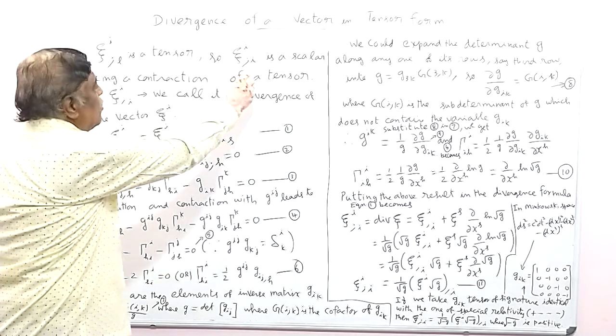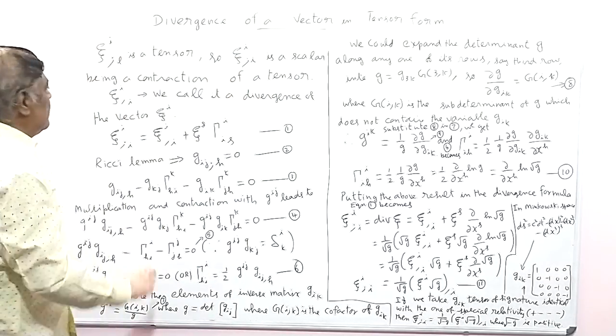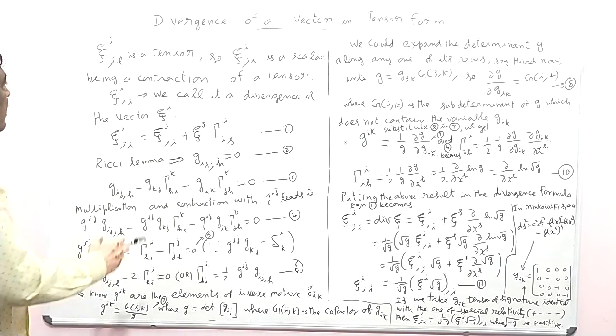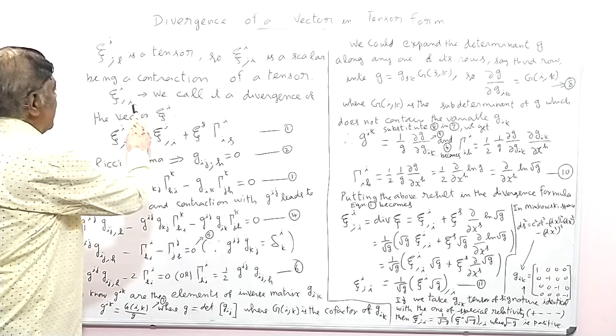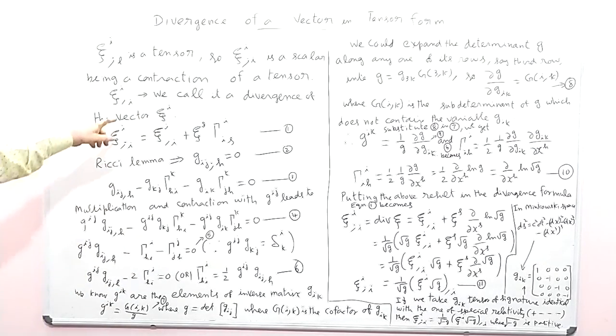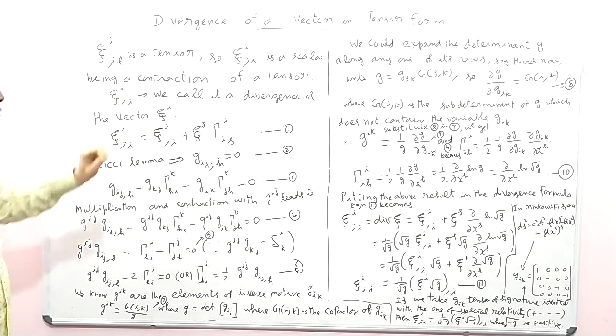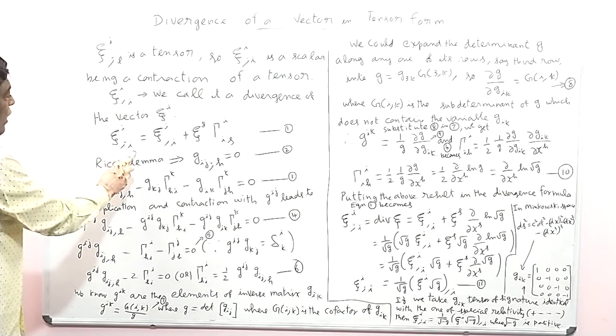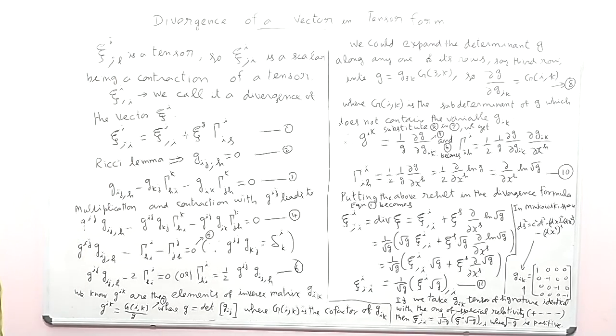So psi i semicolon i is a scalar because of contraction of a tensor. Now this contraction psi i semicolon i we call the divergence of the vector psi i.